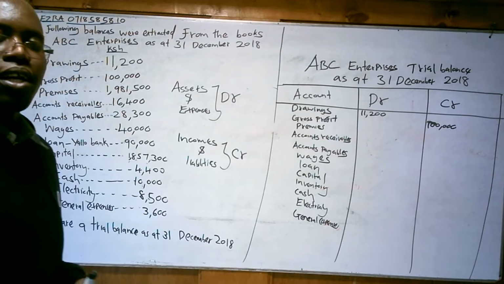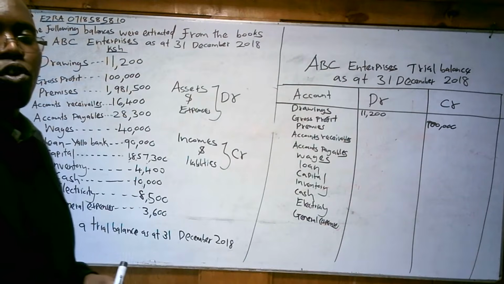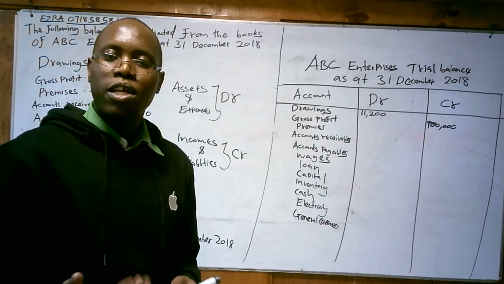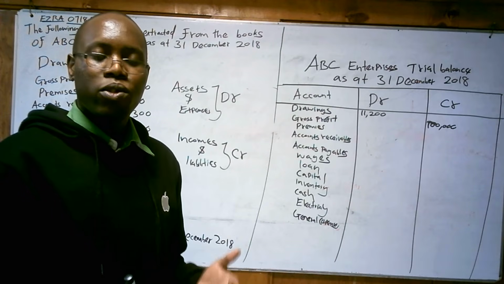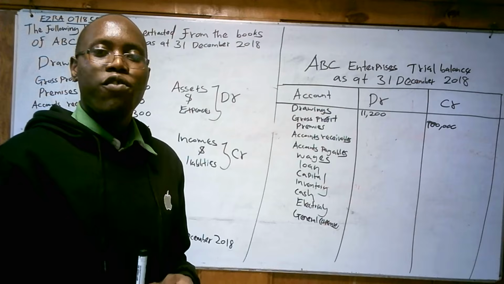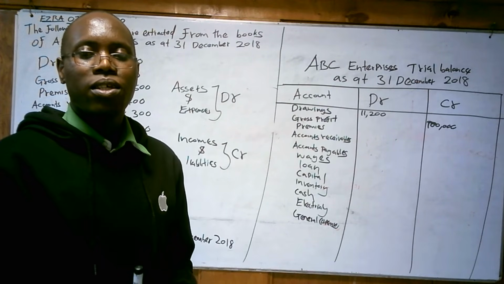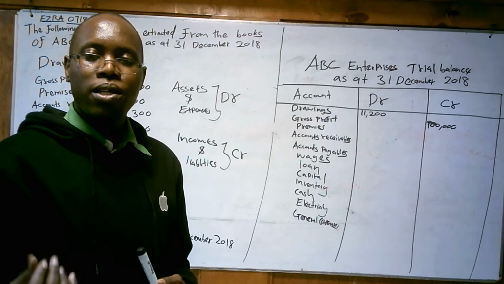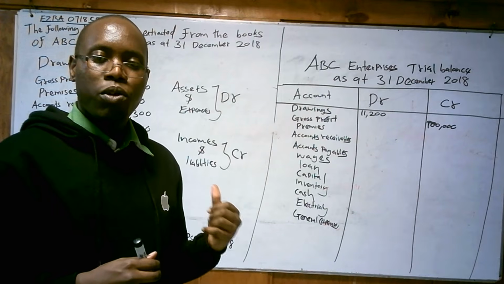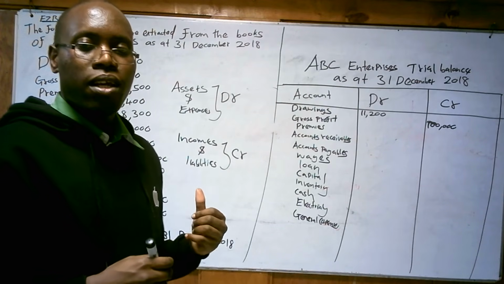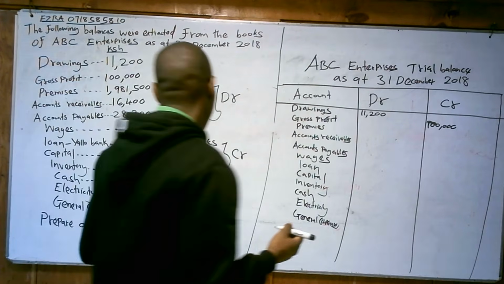Then the other thing that we are going to have is premises. When you talk about premises, premises are things like buildings. Premises are assets. And remember, assets are resources that are going to guarantee future cash inflow. And remember we said assets and expenses must appear on the debit side. So because premises are assets, the premises are going to appear on the debit side of that trial balance.